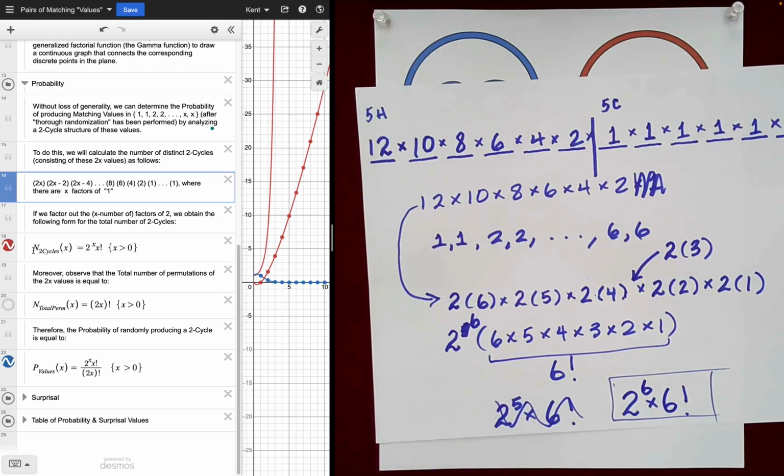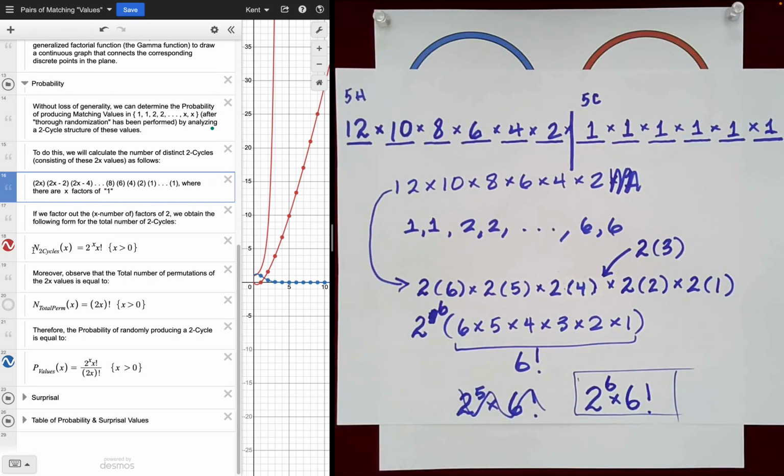Well, the probability will be the number of 2-cycles that could be formed, which is what we just found. In the general case, it's 2 to the x times x factorial, divided by the total number of ways of ordering those 12 cards. Well, remember, x is 6 for us, so 2 times 6 is 12.